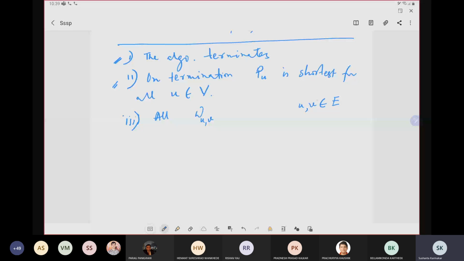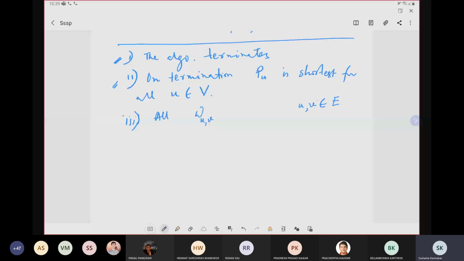So a natural question arises: what happens if some weight UV is actually negative? What happens in this case?